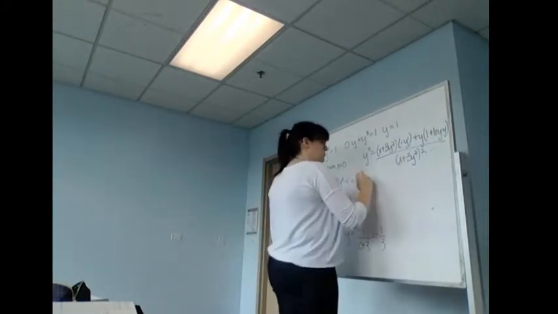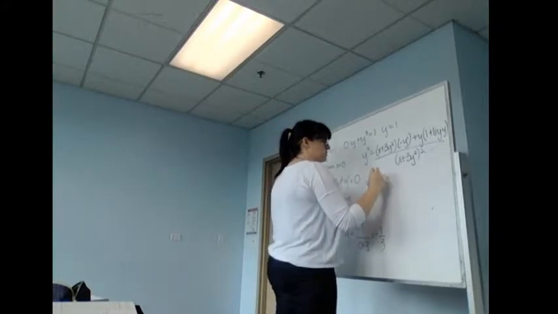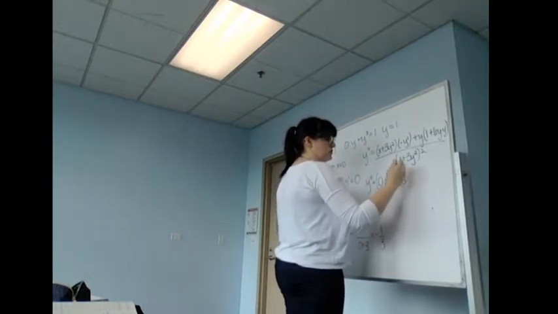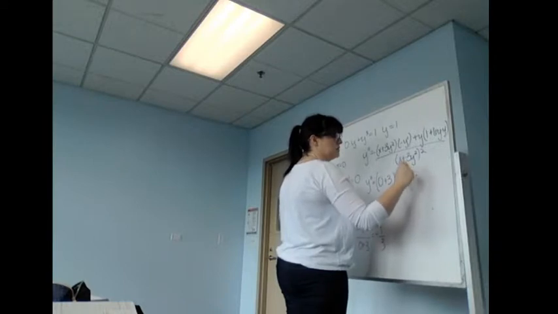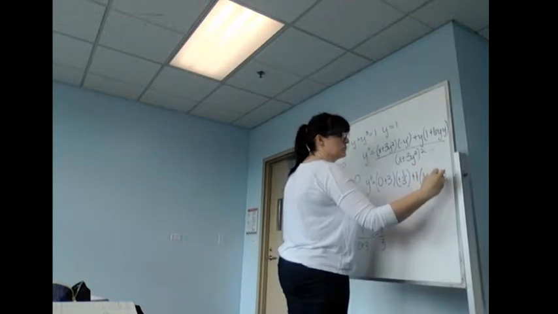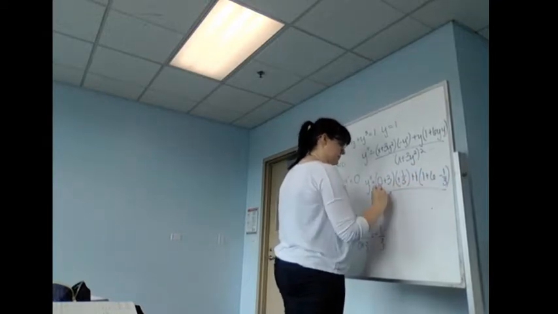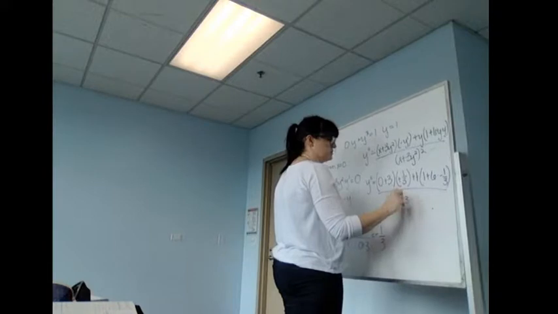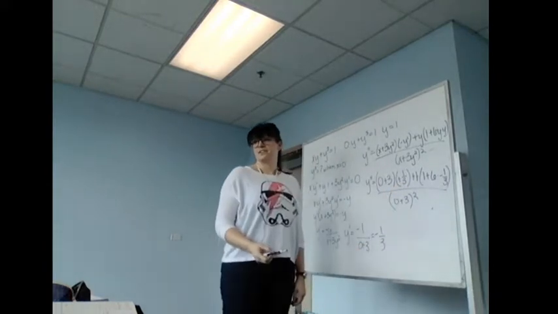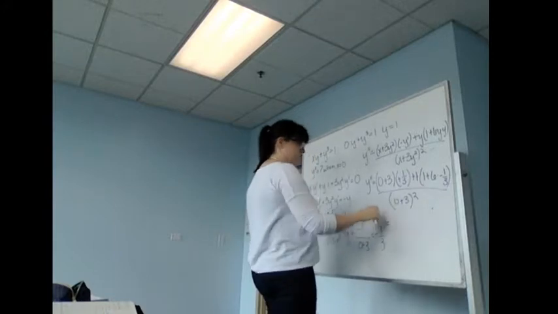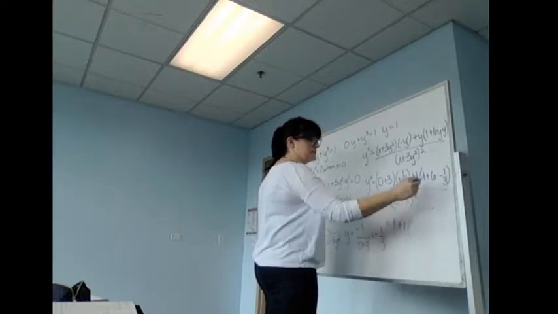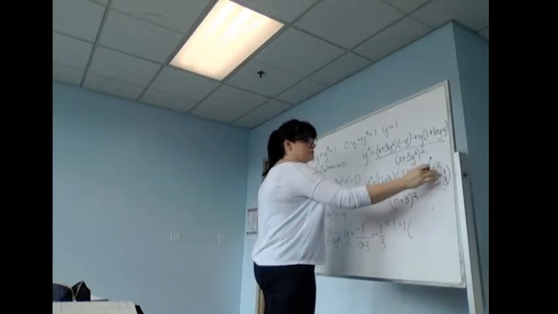Okay. Y double prime equals 0 plus 3 times negative 1/3 plus negative, that's a y, 1 times 1 plus 6 times negative 1/3, over 0 plus 3 squared, or 3 times 1 squared, it's just 3 squared, equals 3 times 1/3 plus 1 times 1 minus 2 is negative 1.